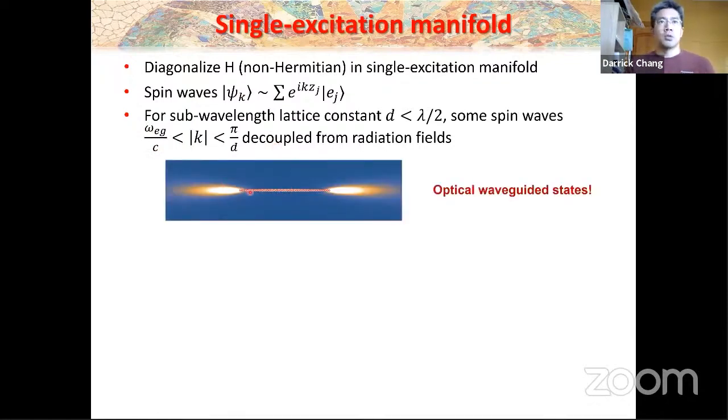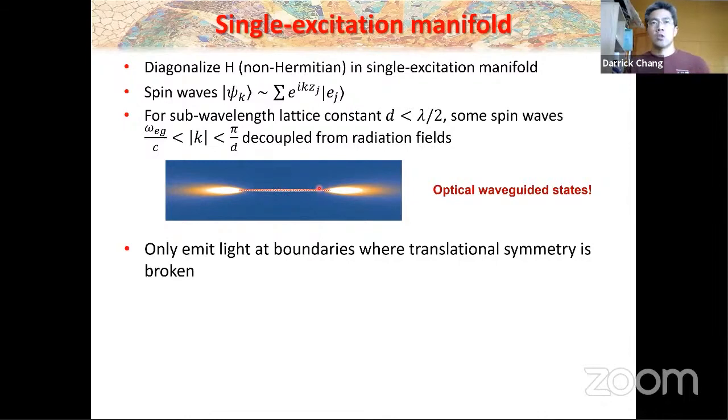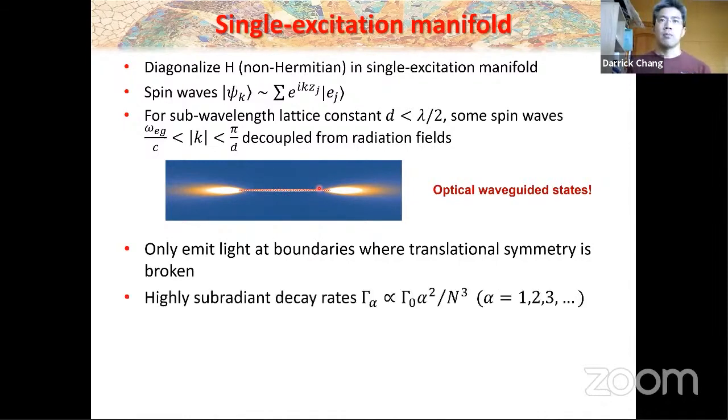And there's actually some nice intuition. These are basically special states where the k vector is too big. For those states, this atomic array functions as a kind of fancy optical waveguide. So this excitation isn't allowed to emit into free space along the bulk. It can really only emit energy at the boundaries where the translational symmetry of the system is broken.